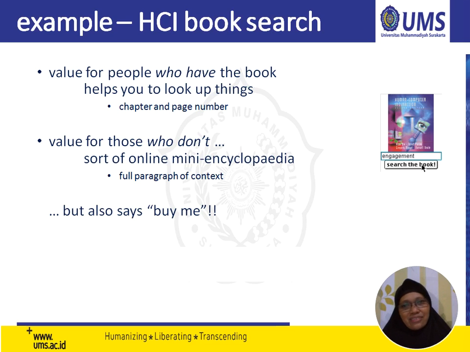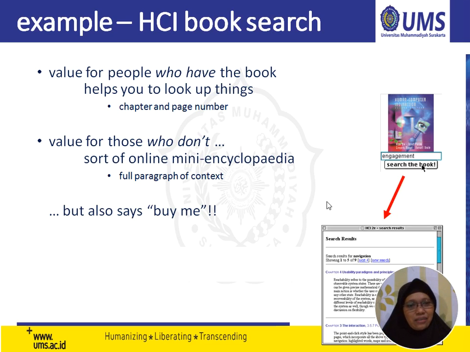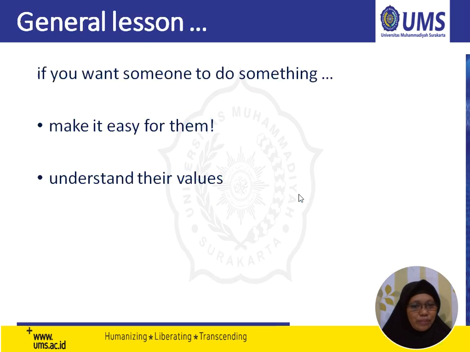For our interaction, it's like what we must pay to do something. Right. So for persuasion, if you want someone to do something, make it easy for them and understand their values for doing the interaction.